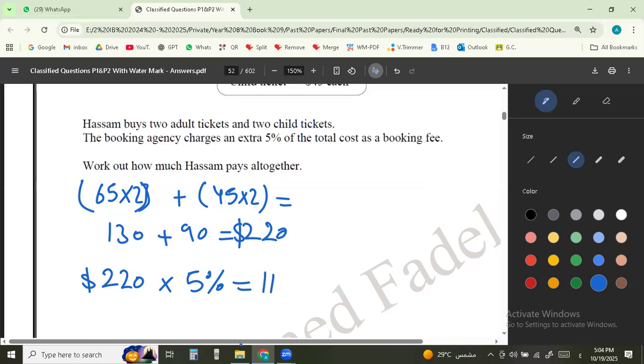Or you can multiply by 5 and then divide by 100 as we usually do. It also gives you 11. Good, that's the extra. So the total is he pays $220 plus the 5% extra, which is $11. So the total is $231.